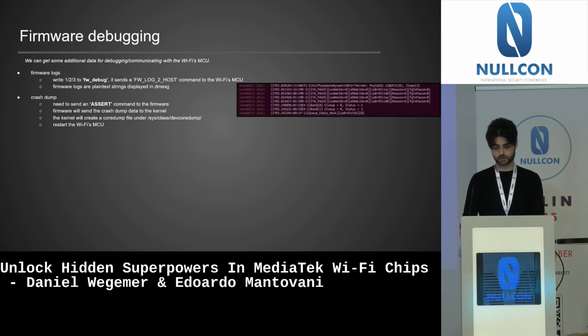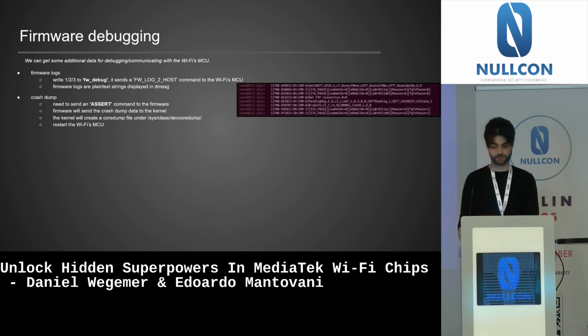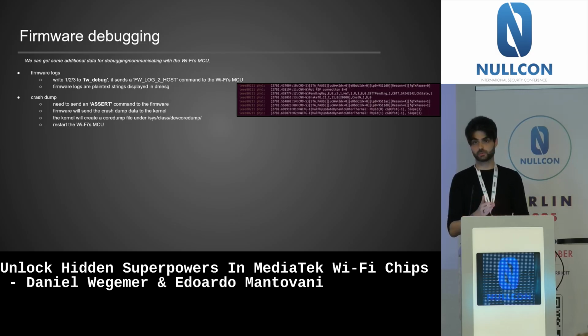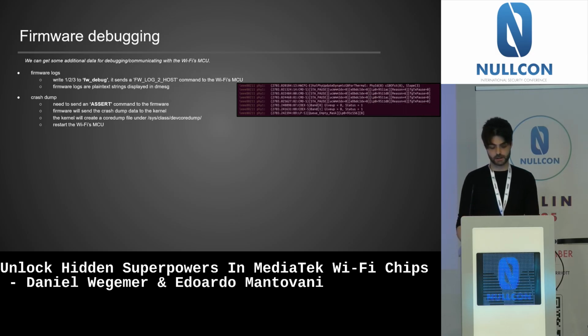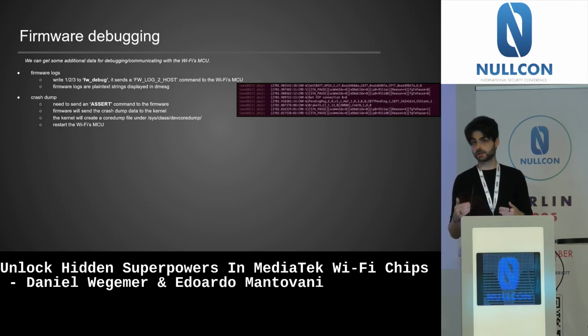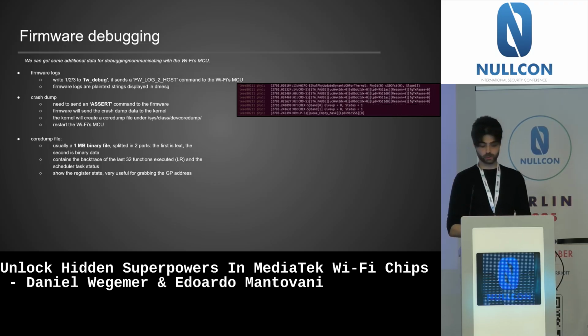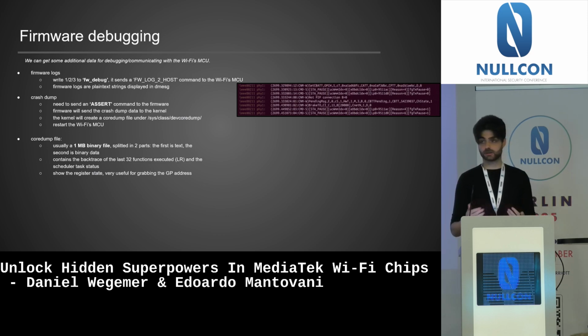Then you can also request a crash dump, which essentially sends an assert command to the Wi-Fi MCU. As a result, you will get a crash dump to the kernel, and the driver knows how to save it. And after this operation, the Wi-Fi firmware will start again. If we want to examine this core dump file, it is a 1 megabyte binary file split in two parts.